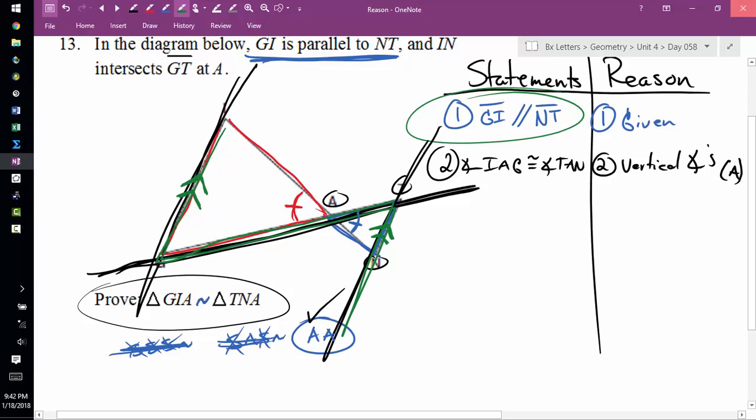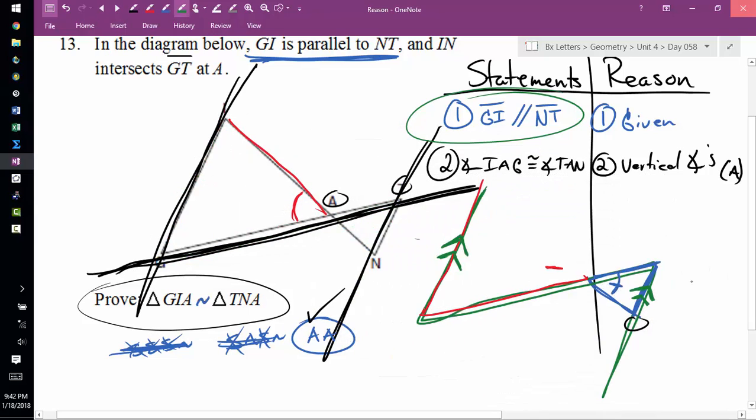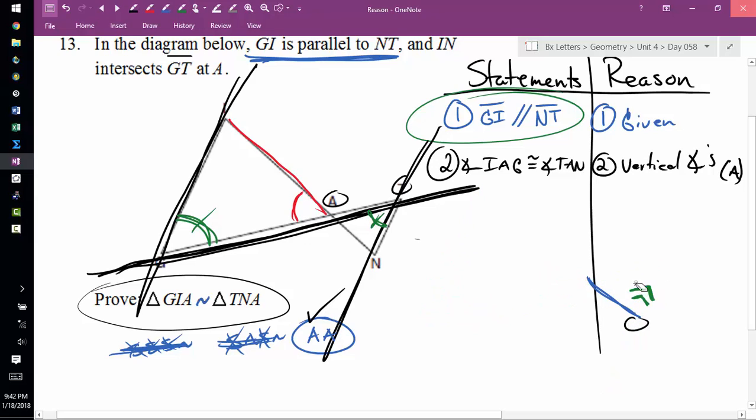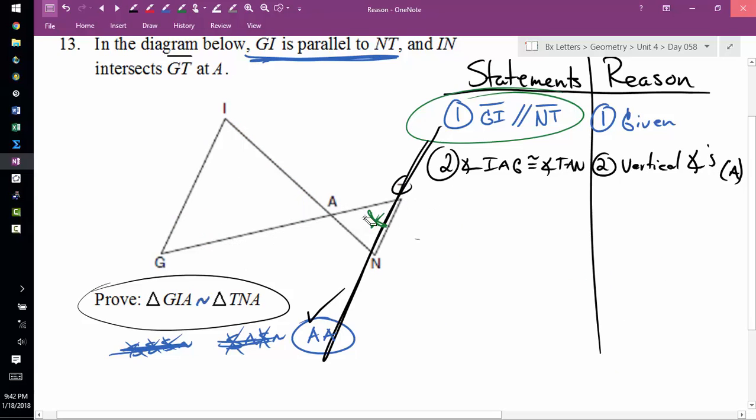Right? You're going to look for that Z shape. And in that Z, you're going to have those congruent angles. So right in here, there will be a congruent angle, and right in there will be a congruent angle. And that's because of parallel lines. So if I clean this up, angle G will be congruent to angle T.